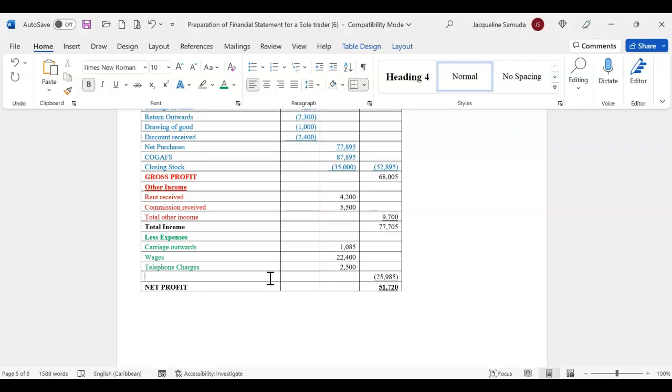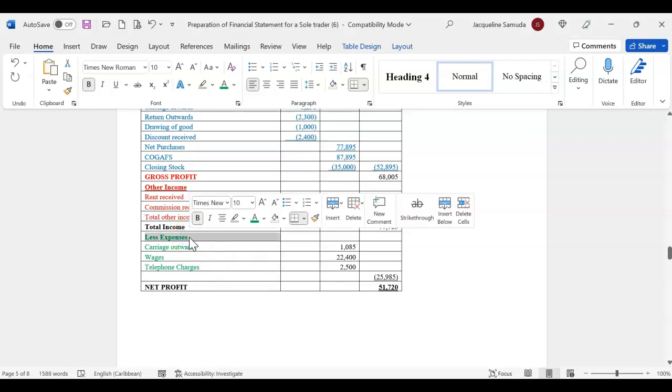You will find it in the statement of financial position. And those would be your non-current assets. But your revenue expenditure is found in this section called less expenses. Sometimes you'll see less expenditure as the heading.